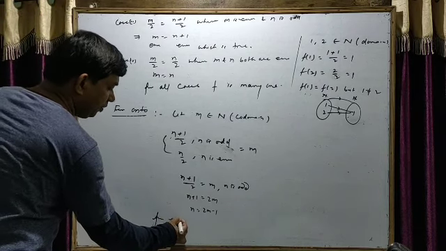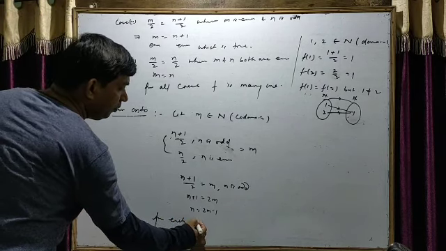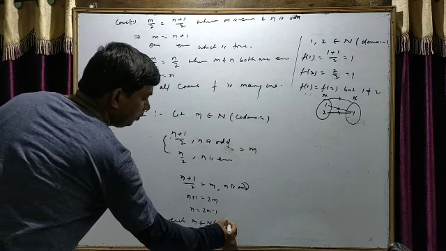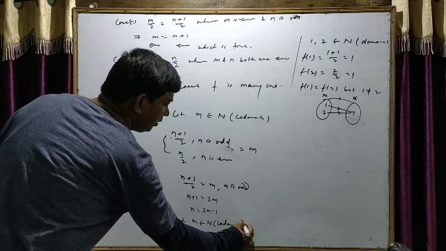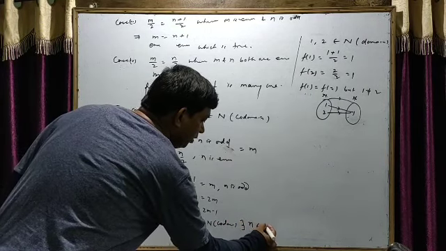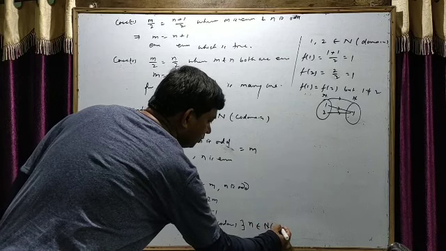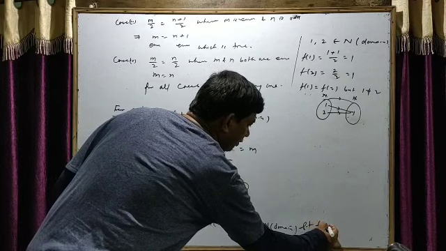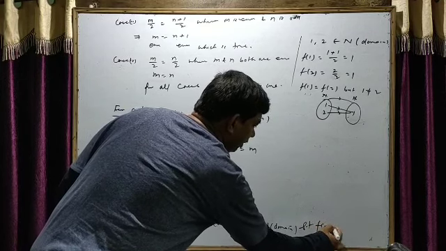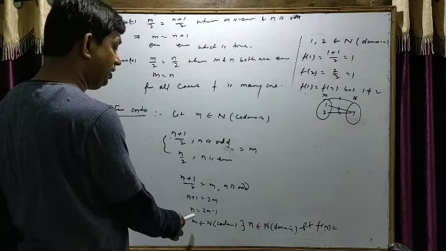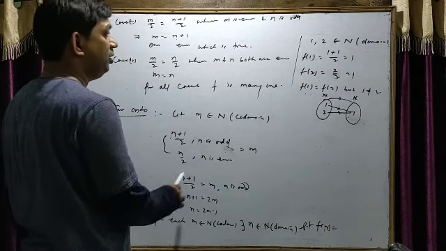For each m belongs to N codomain, there exists n belongs to natural number domain such that f of n equal to m. So what is the value of n? 2m minus 1, and n is odd.